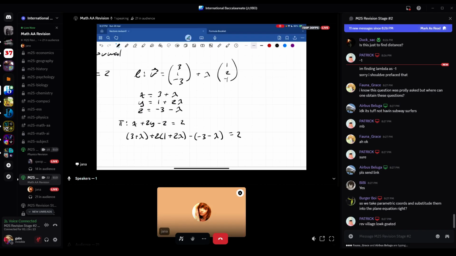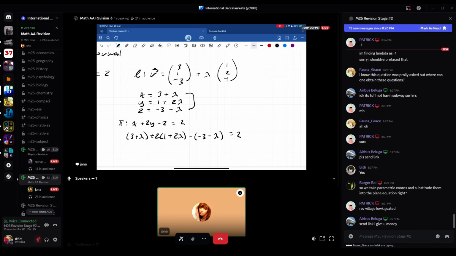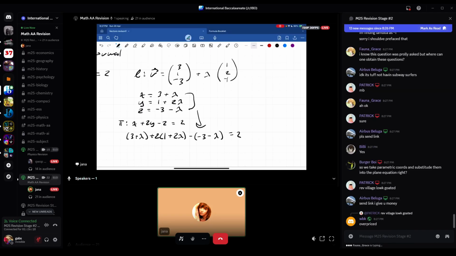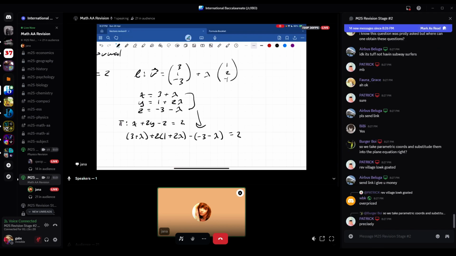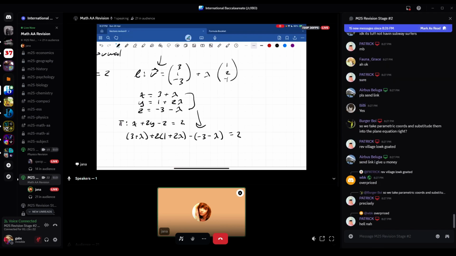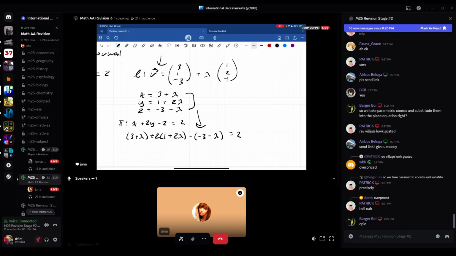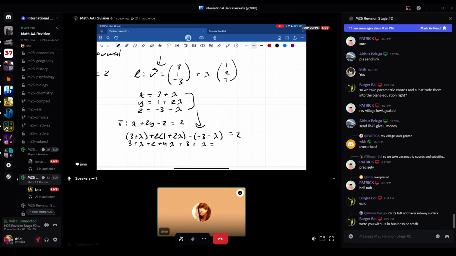We take the parametric equation of the line, we put it into the plane, and then we find lambda, and then we put lambda back into here and get the point of intersection. So let's work through this. 3 plus lambda plus 2 plus 4 lambda plus 3 plus lambda equals 2.